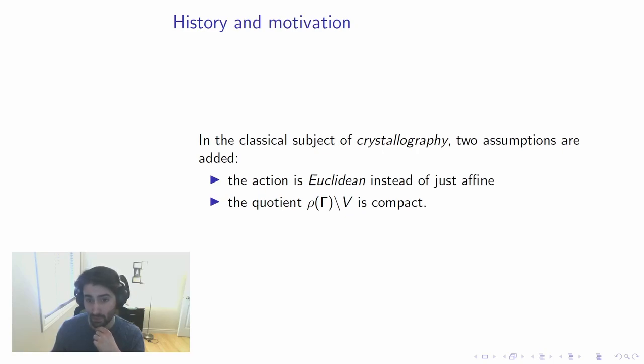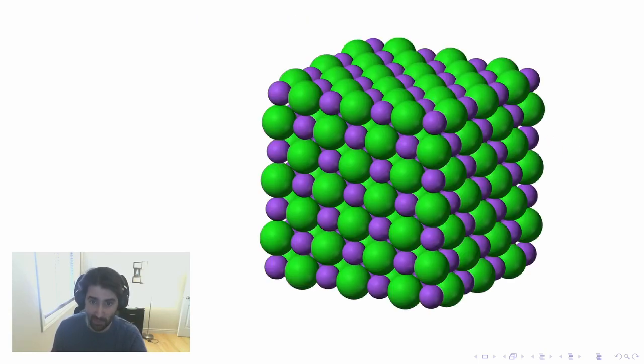And moreover, you want the quotient of the vector space by the image of the group to be compact. So an example of this is this picture. This is a salt crystal. You can see here that the group acting is, well, you can have multiple groups acting.